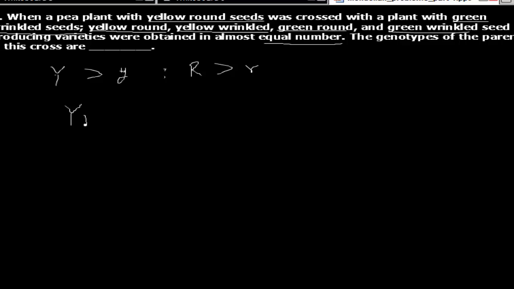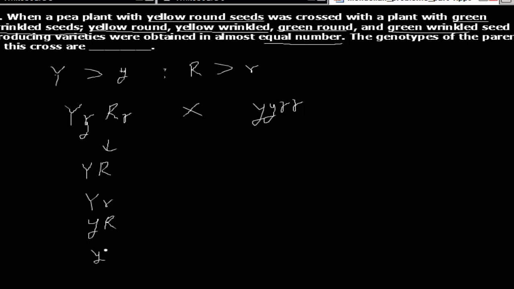So the F1 hybrid will be like this, and the recessive parent will be like this. So if we cross, what we will get? This is going to produce 4 types of gametes, that is capital Y capital R, capital Y small r, small y capital R, and small y small r.